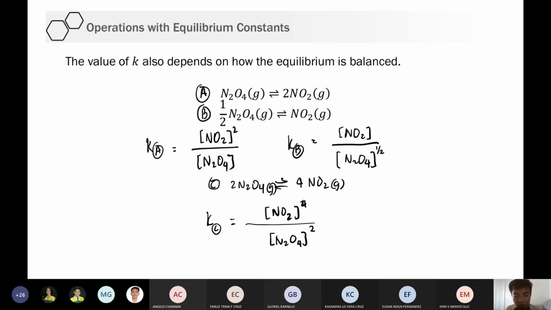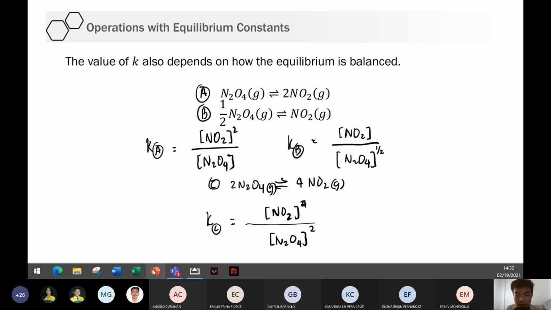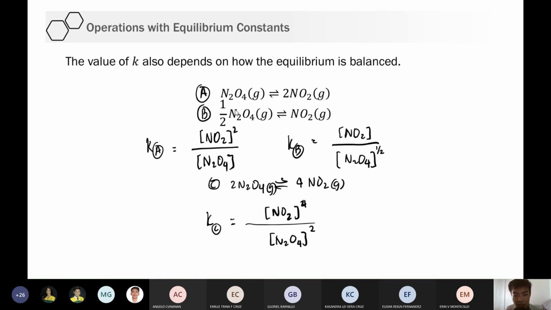So for every operation na gagawin mo sa iyong equation, may corresponding changes yon sa equilibrium constant. Okay? So again, kapag times 2 mo to, magiging square. Pag times 3 mo to, magiging cube. Pag dinivide mo to sa 2, magiging square root. Pag dinivide mo to sa 3, magiging cube root. And so on and so forth. Okay? So, pabago-bago yung value ng K depending on the equation.